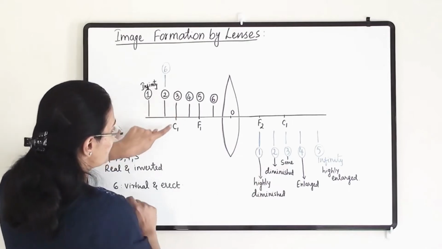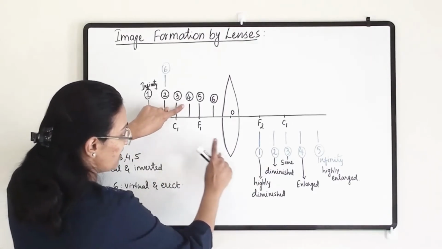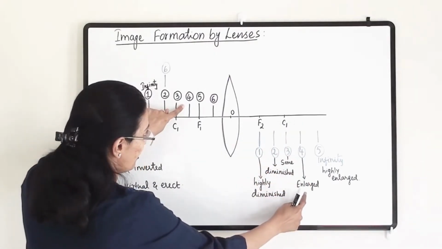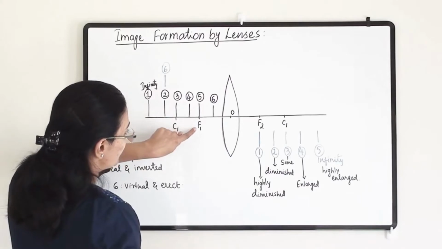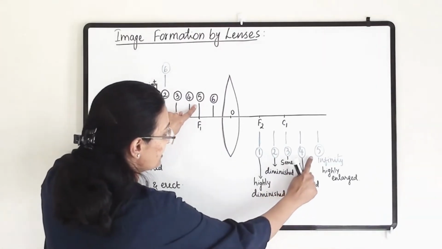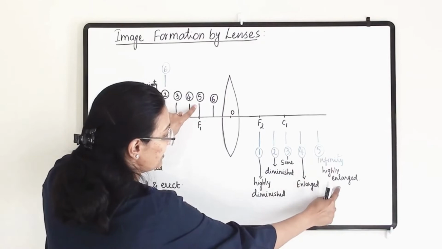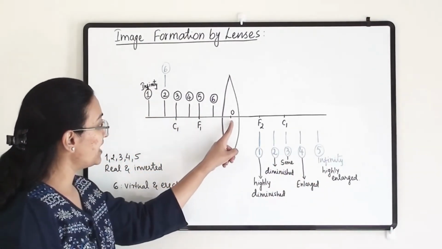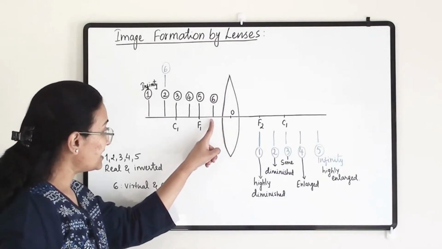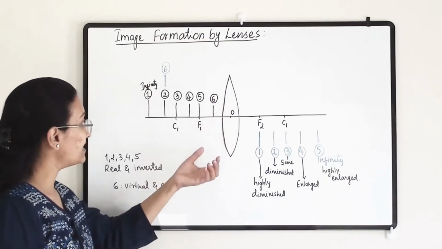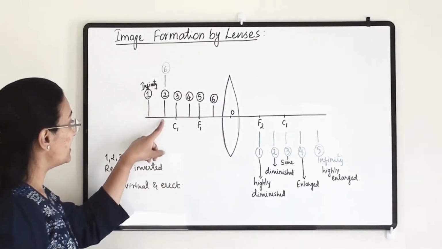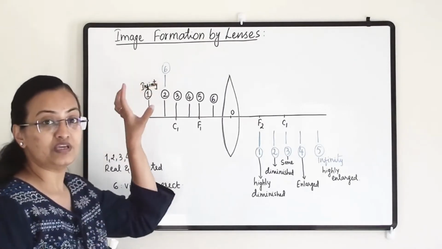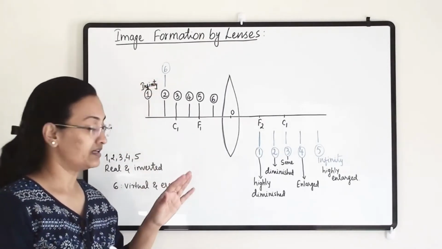When we are keeping the object in between C1 and F1, we will get the image beyond C2. So that will be enlarged. When we are keeping the object at the F1 position, we will get the image at infinity, highly enlarged. And when we are keeping the object in between F1 and optical center, that will be the sixth case, and we will get the image towards the same side, and that image will be enlarged, virtual and erect.